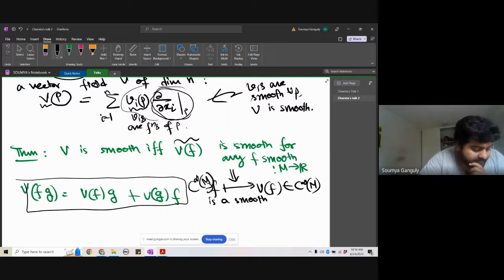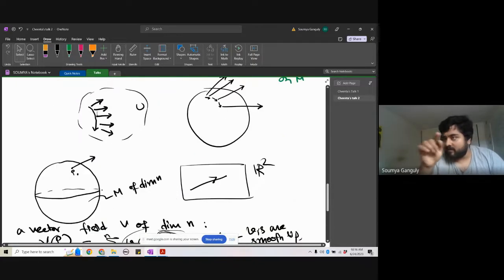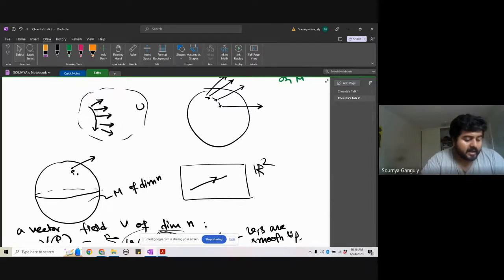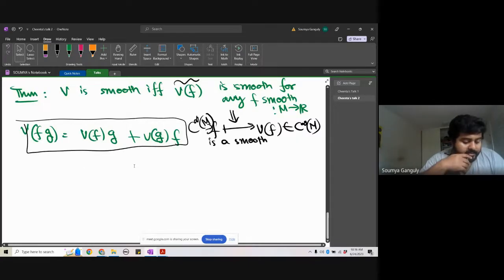Before we go to examples, the vector field examples we already have given by pictures. For every point, you have a vector, and by vectors, we mean directional derivatives. Before we go to further examples, let me develop some more theory.